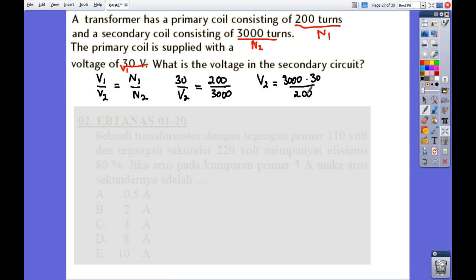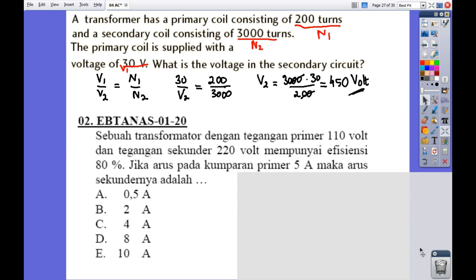We can cancel this. 30 times 30, 900 over 2, 450 volt. So as you can see, the voltage is increasing.